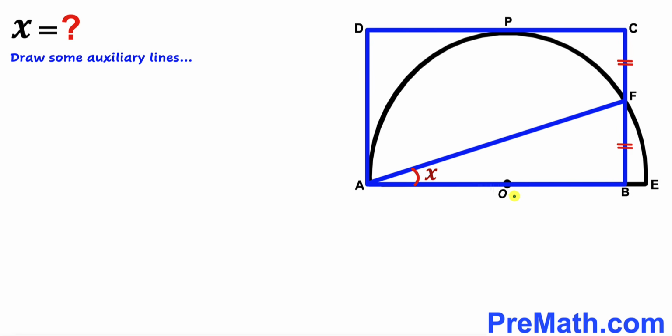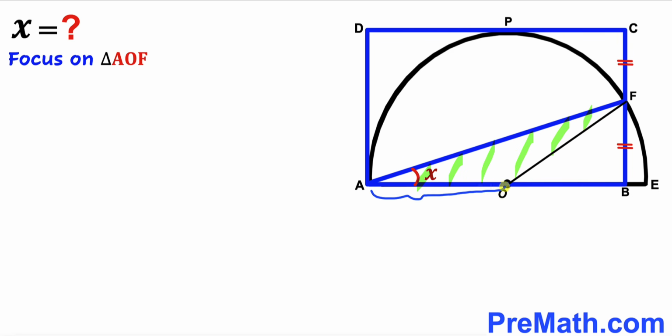Now I am going to connect this center O with this point F. Now we focus on this triangle AOF, and we can see that AO is the radius of this semicircle, and likewise OF is the radius of the semicircle as well. So we conclude that side AO equals side OF.